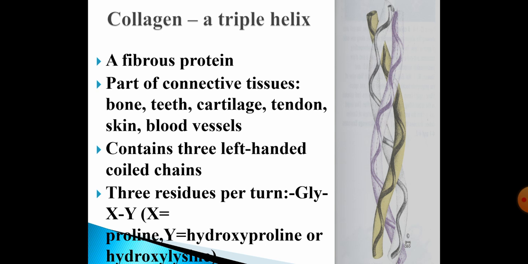Glycine is the simplest amino acid; it contains H, COOH, H, and NH2. It makes a turn in this fibrous protein, with the repeating residue glycine, X, Y: glycine, proline, hydroxyproline, or hydroxylysine.